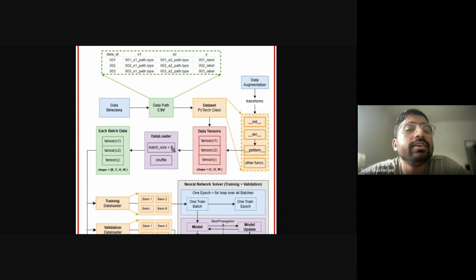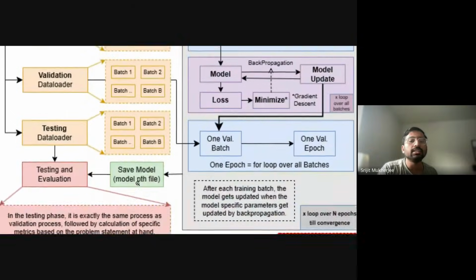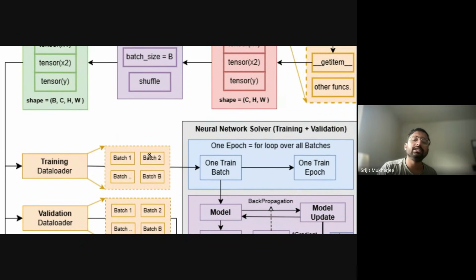What the data loader does is change the dataset into these batch sizes. Remember, batch size was very important for optimal gradients. So the data loader breaks the entire dataset up into batches. That's the data loader's work. All of you understood this, guys?